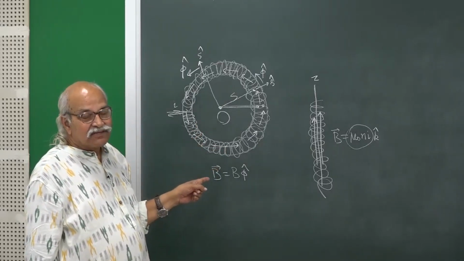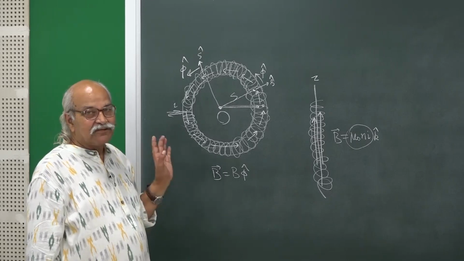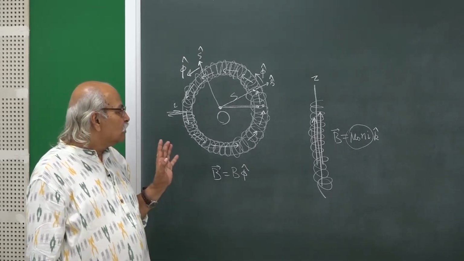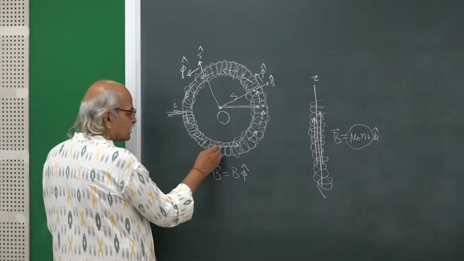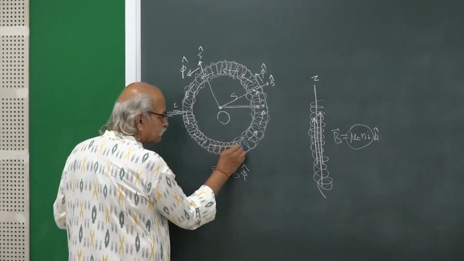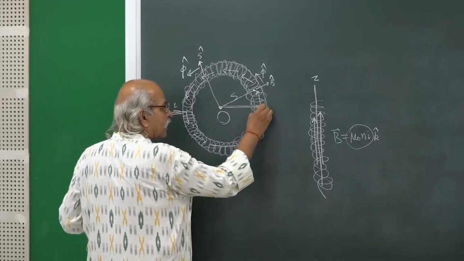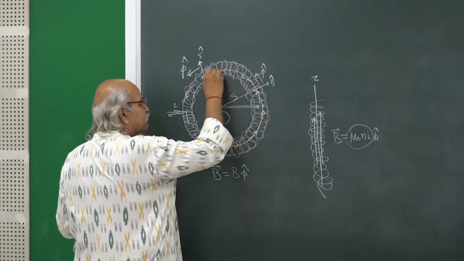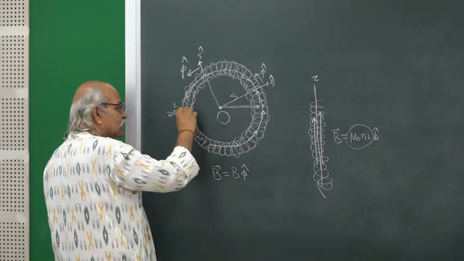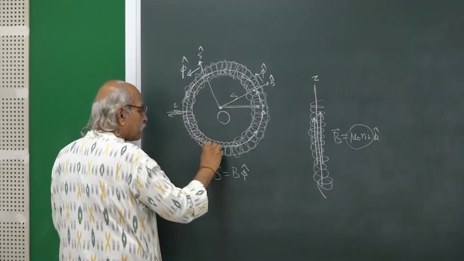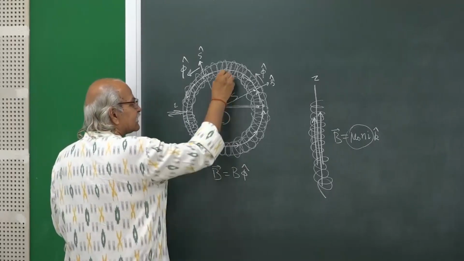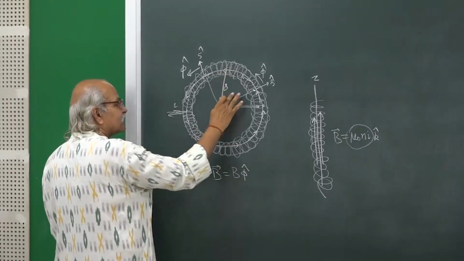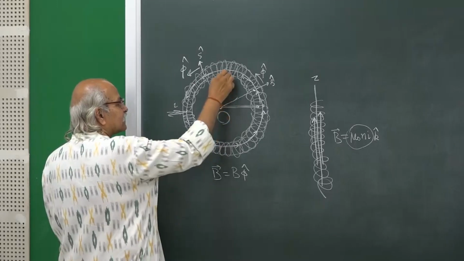using Ampere's law. So, what we do for that, inside these turns you make a circle, remember for Ampere's law you need a closed curve. If this circle is at a distance s, let us say the radius of the circle is s.